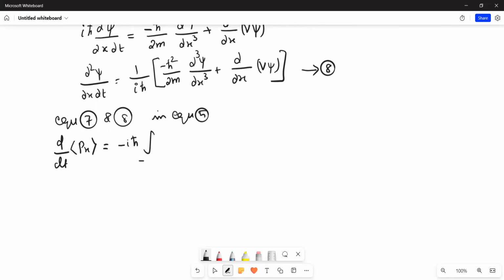So take the integral from minus infinity to plus infinity. Substitute the 7th equation: (1/iħ) times the bracket, −(ħ²/2m) ∂²ψ*/∂x² plus Vψ*, then ∂ψ/∂x, this one.